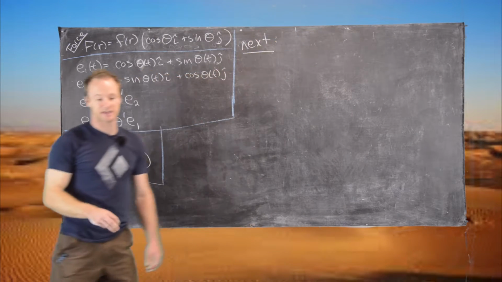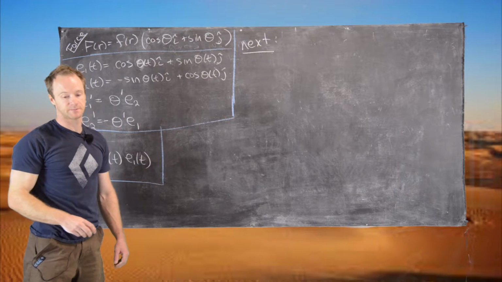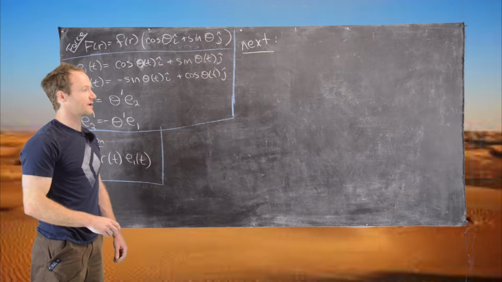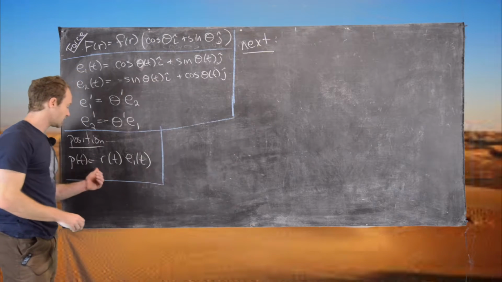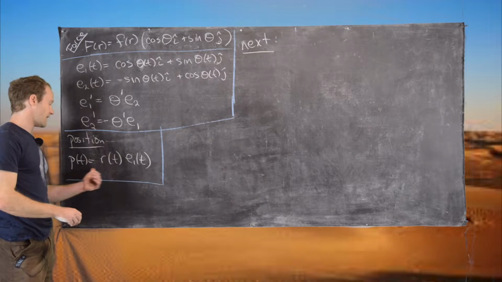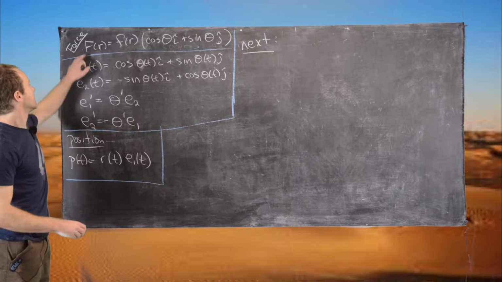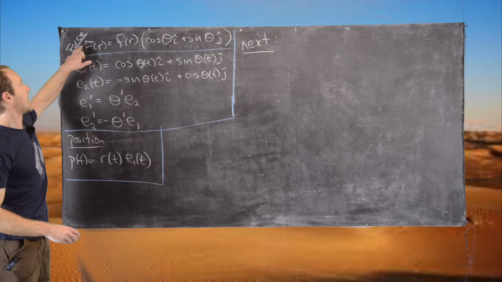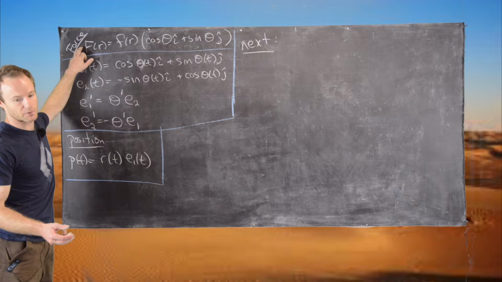So the next thing that we want to do is to calculate the force on the particle two different ways. One by looking at F equals ma given its position, and the other given by the fact that the only force on the particle is what we're assuming is this central force.